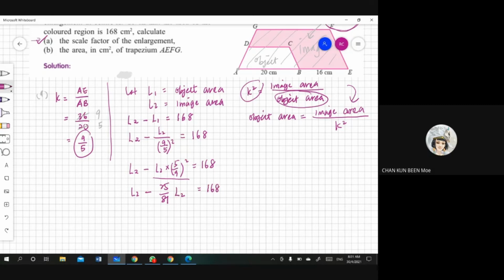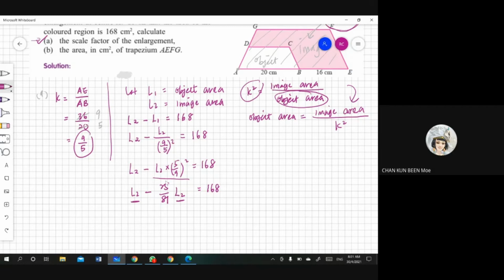Are you okay so far? Okay. So L2 minus this, they have the same unknown right now. You see L2 and L2, so we can minus already, which means the first part over here is 81 over 81 minus 25 over 81.